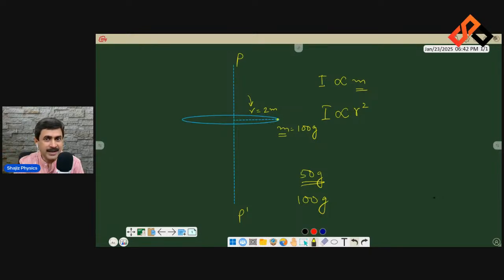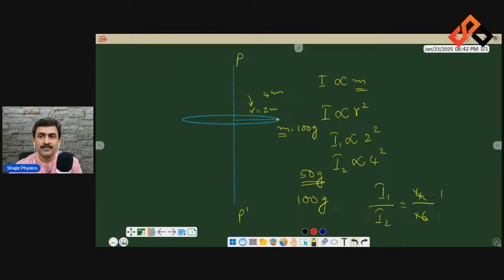It will come to rest after some time. You measure the time interval. Now, you repeat the experiment by doubling the radius. You increase the radius to 4 meter. You will find that here I is proportional to r square. In the first case, I1 is proportional to 2 square. In the second case, I2 is proportional to 4 square, or I1 by I2 will be equal to 4 by 16, or 1:4.